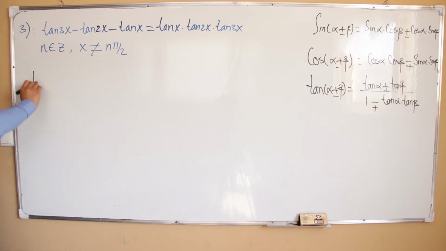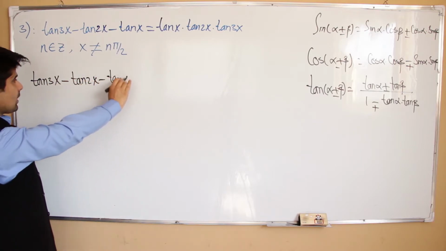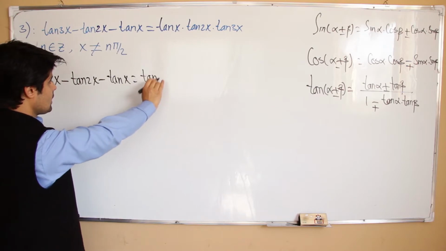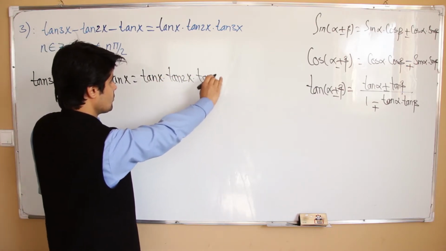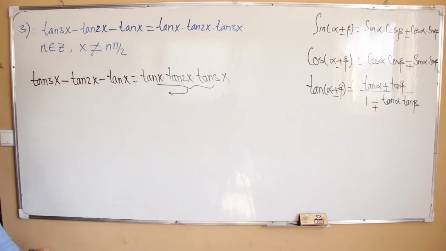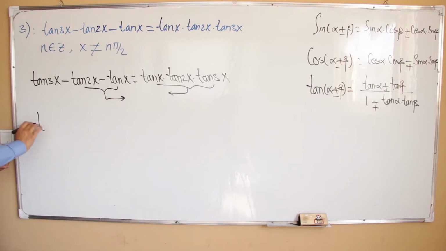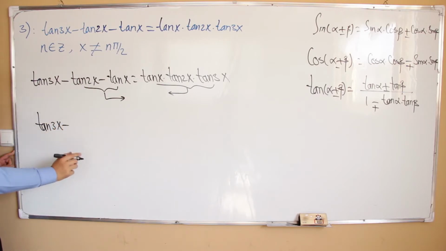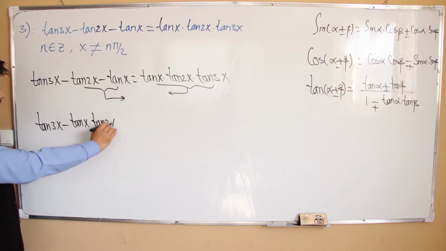In here, I will write tangent 3x, once again the question, minus tangent 2x minus tangent x is equal to tangent x times tangent 2x times tangent 3x. I would put this one to the left side and I would put this one to the right side. Why? Listen to me. Tangent 3x, this plus comes negative, tangent x, tangent 2x, am I right?